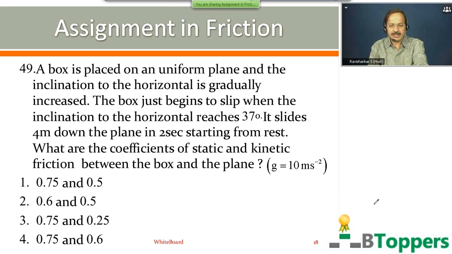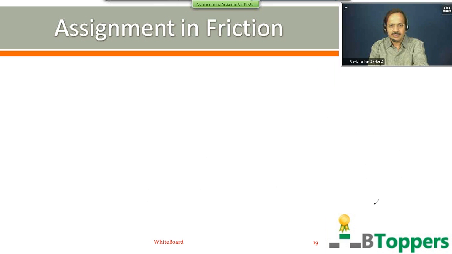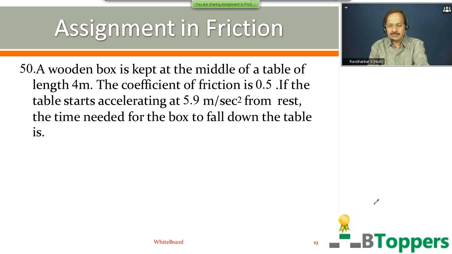So for question number 49, which I have just now discussed, the first option is the answer. See question number 50. A wooden box is kept at the middle of a table of length 4 meters.